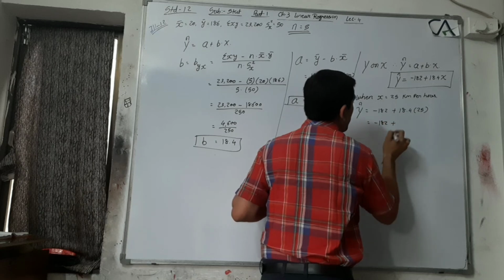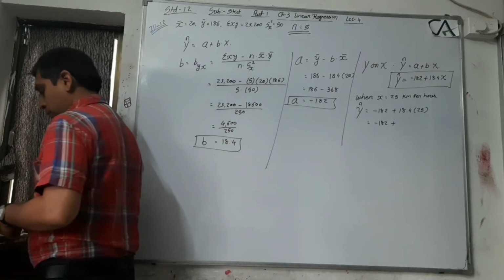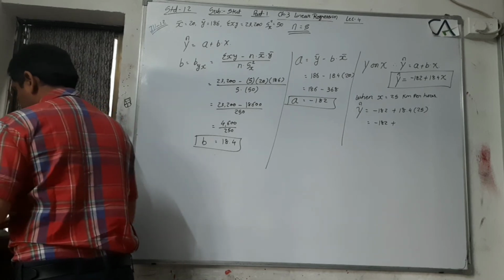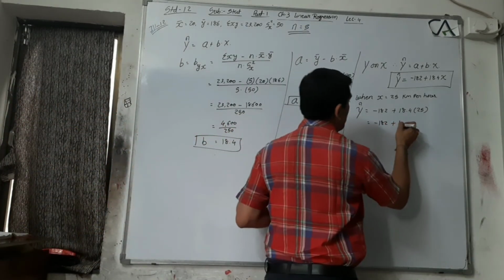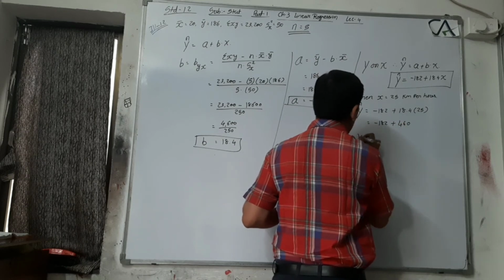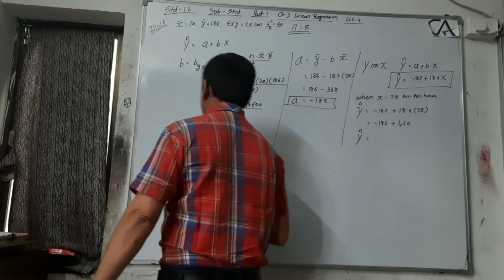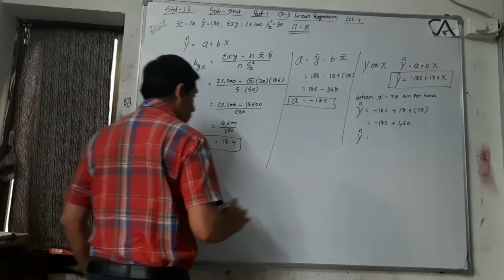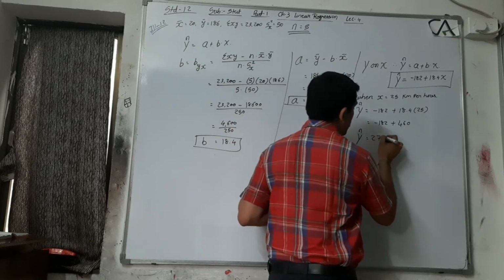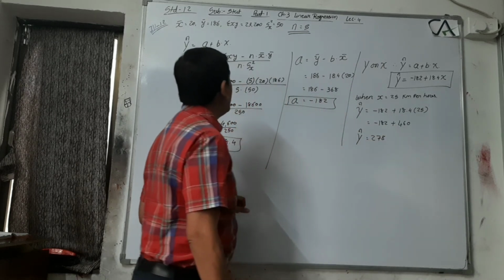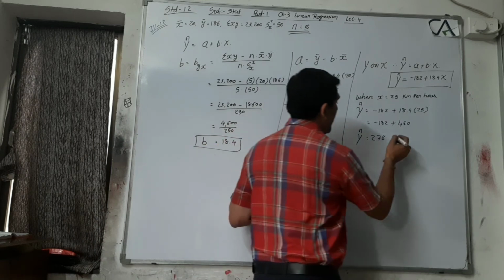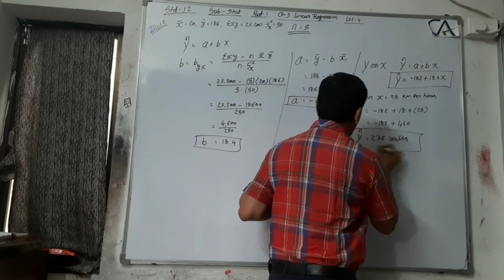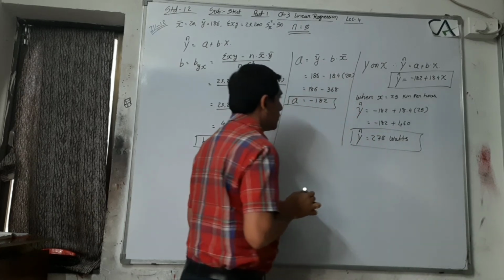Minus 182 plus 18.4 into 25, that is 460. Minus 182 plus 460, 278. Your y cap is equal to 278, but your y is in volts, so you have to write 278 volts. This is your final answer.